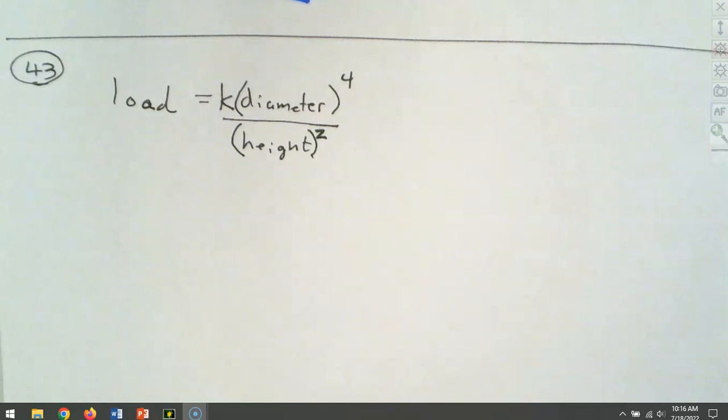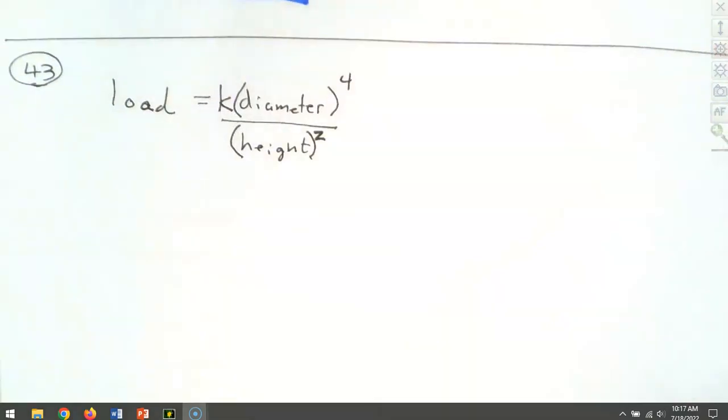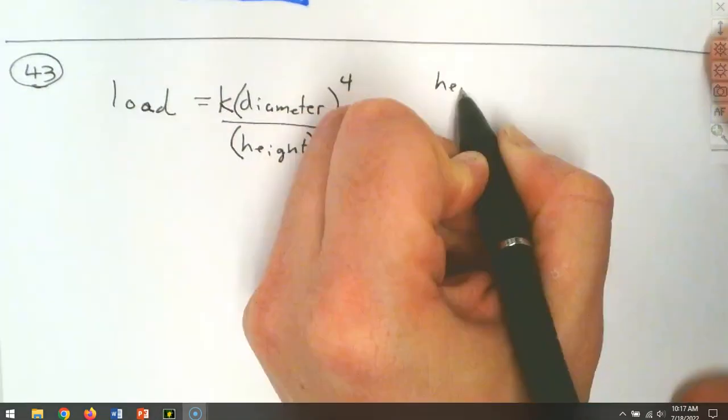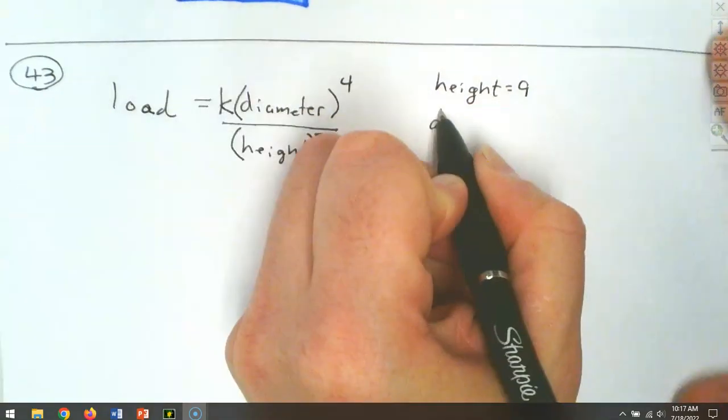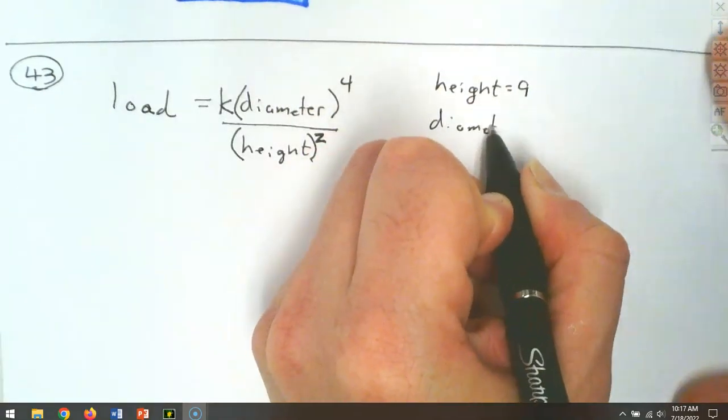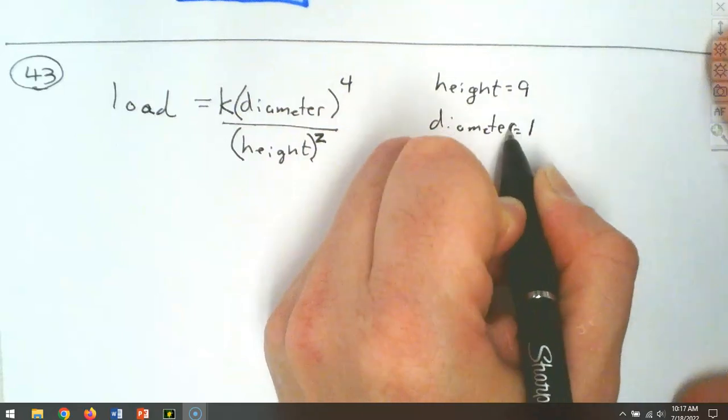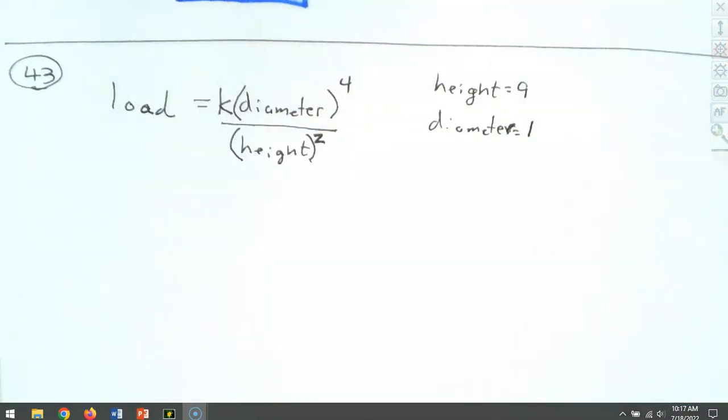So what do we know here? The arena has 9-meter tall columns that are 1 meter in diameter. So the height of these columns is 9. The diameter of these columns is 1.